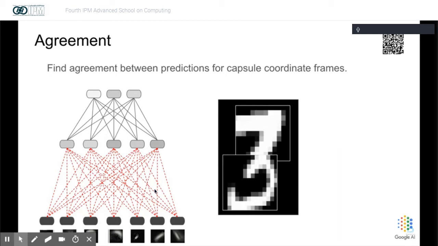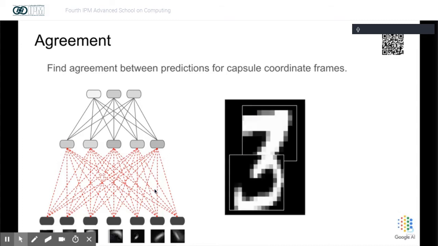For example, in the digit 3, some active lower capsules will belong to the red capsule shown as the top right part of the tree, and only to that part, while some of the other active capsules in the bottom belong to the other higher level parts of the tree, shown as the red capsule again.